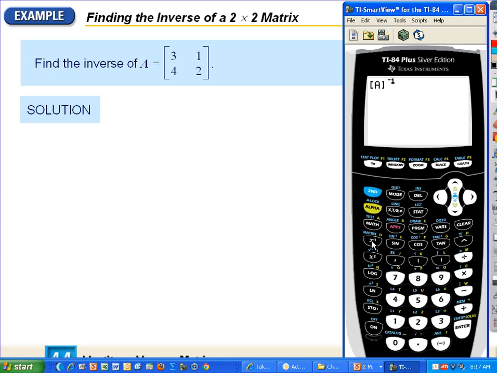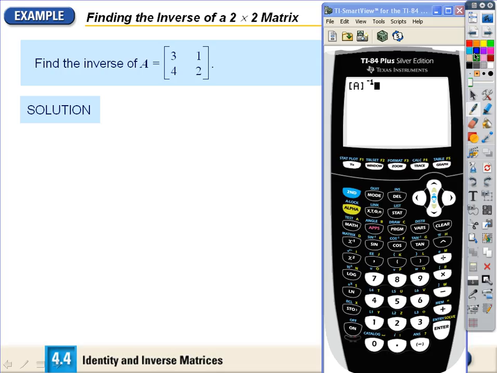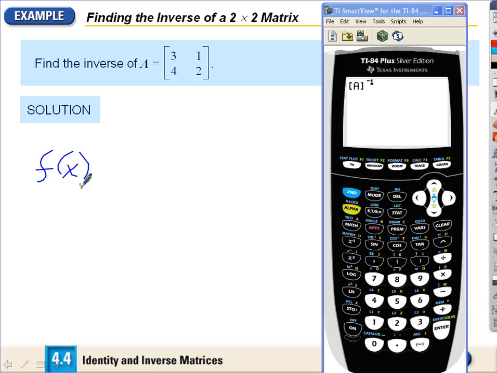For example, if we were just in general, and we'll talk more about this later in the year, if f of x is some function, then that's how we denote the inverse function of f of x. It's just that power up there.